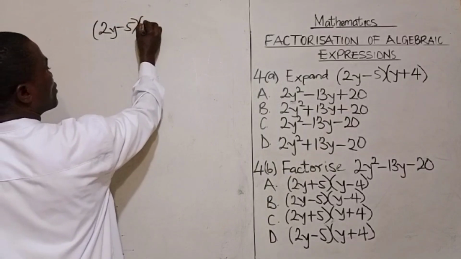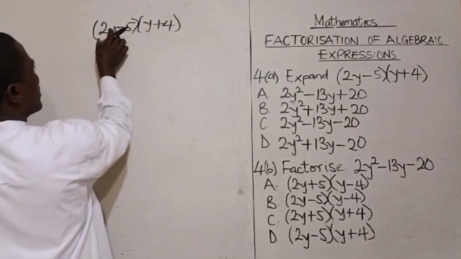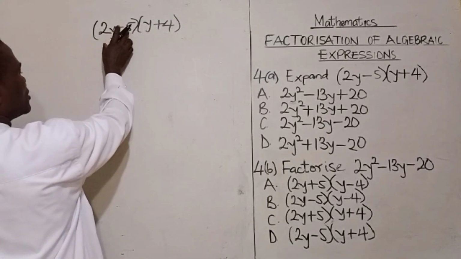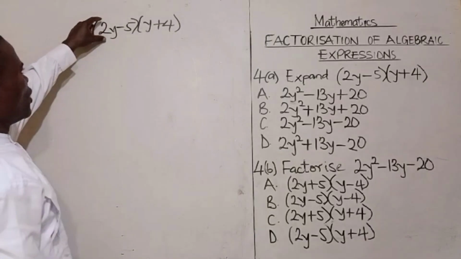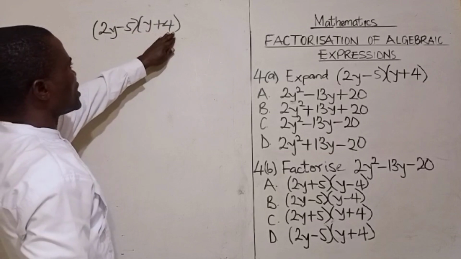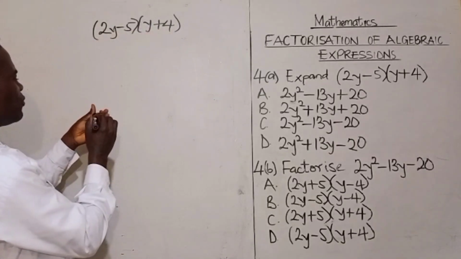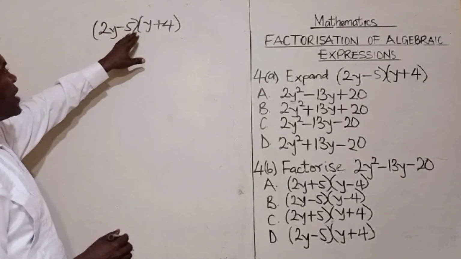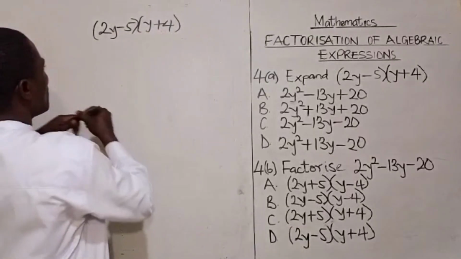Now let us have the question. We have y plus 4. This is an example of geometrical function of algebraic expression. It involves the use of 2 different terms to interact with a single expression. So let us see how we can make use of these 2 different terms and 2 different keys to interact with this single expression.